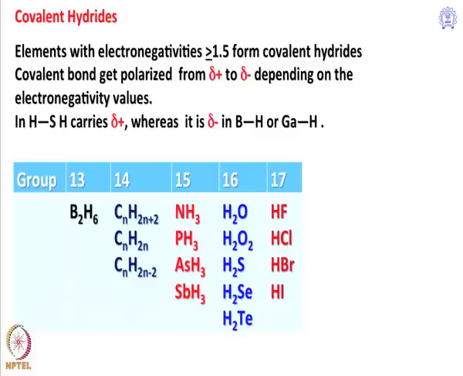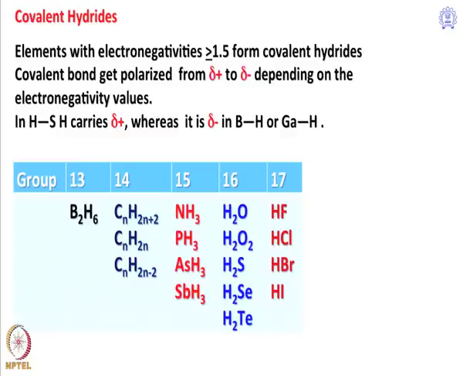As I had mentioned while discussing the classification of hydrides, I showed hydrogen sulfide. S carries delta minus and H carries delta plus. Similarly, in case of boron hydride or gallium hydride, H will be anionic in nature.